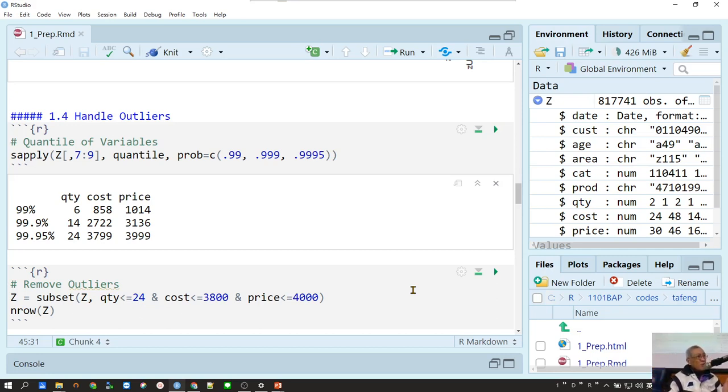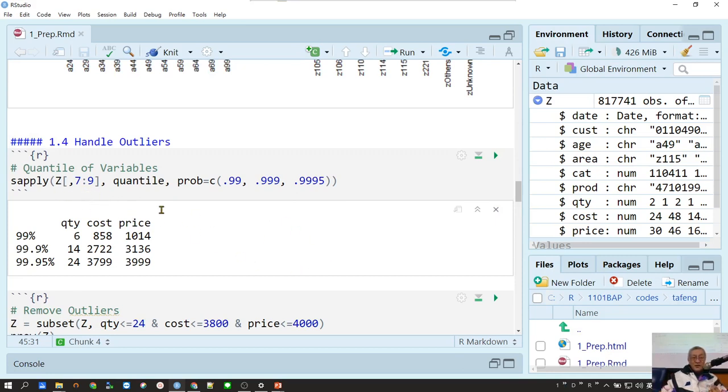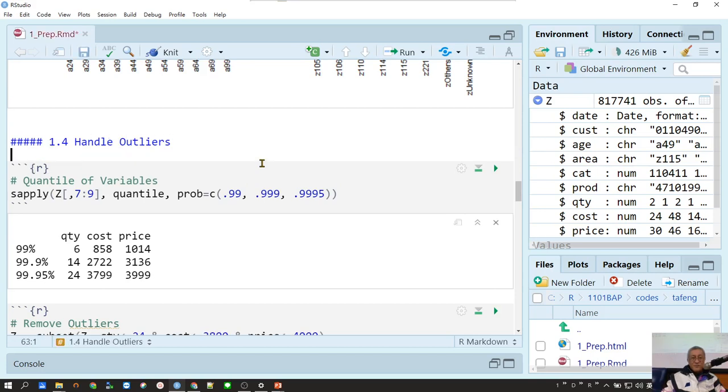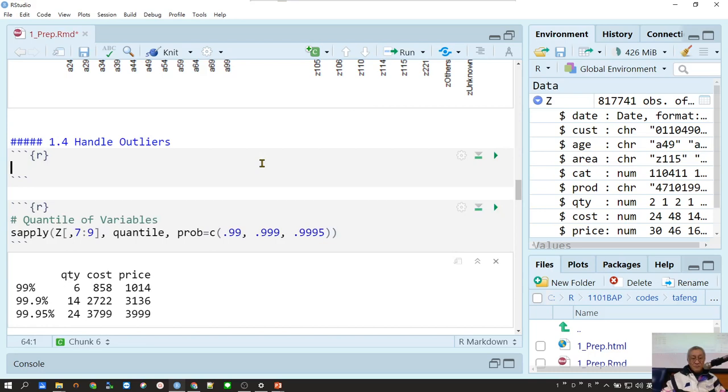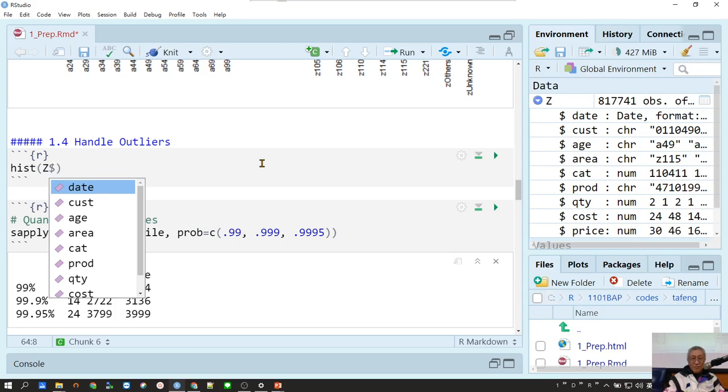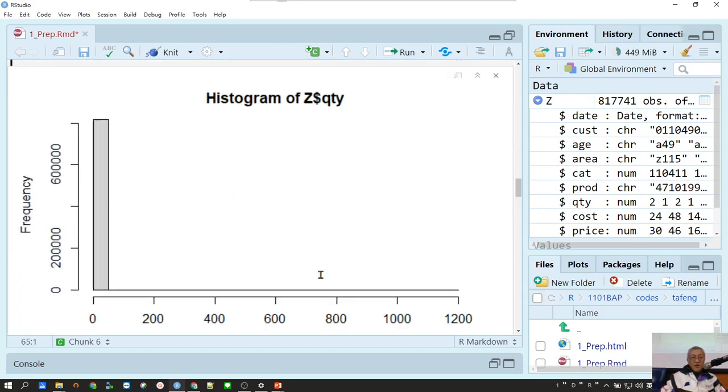Usually this is not a normal customer, right? If you see the summary, you see that most of the people are buying things with a quantity of less than 50, I guess.